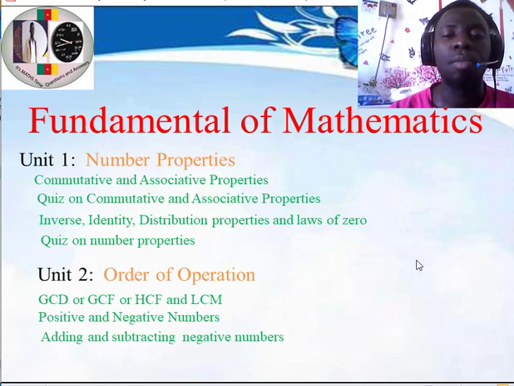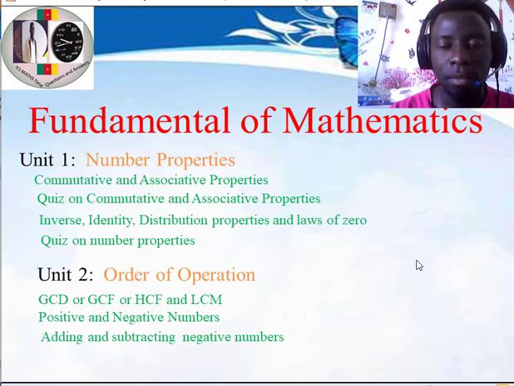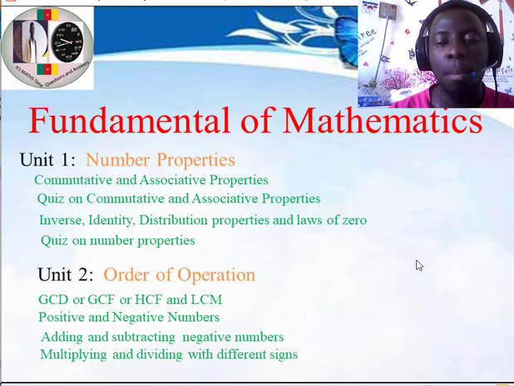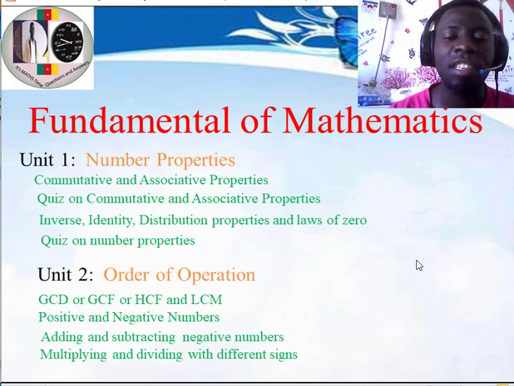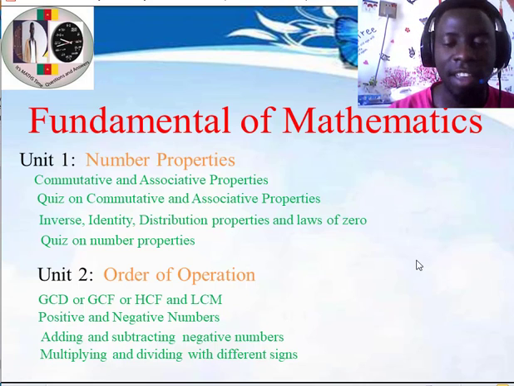This has always been a problem for many people, and you know, in mathematics, if you mix a sign, then you are off target. So we'll pay more attention on small details like this. Next part will be multiplying and dividing with different signs, that is positive signs and negative signs.